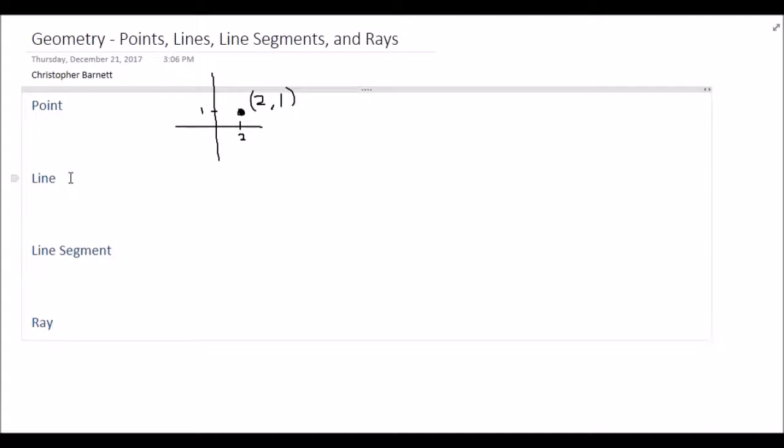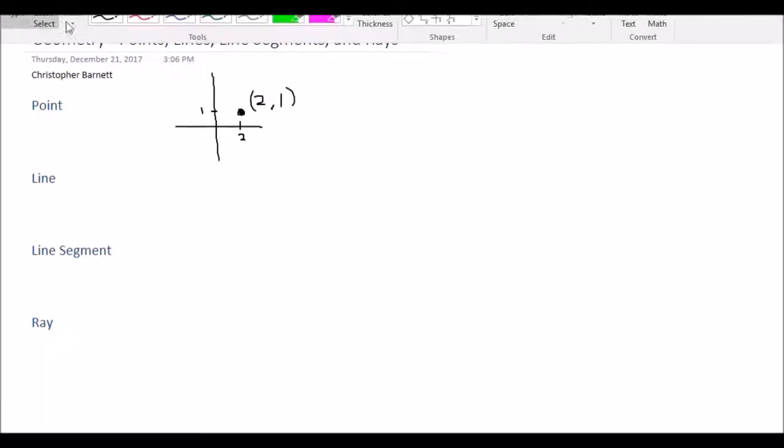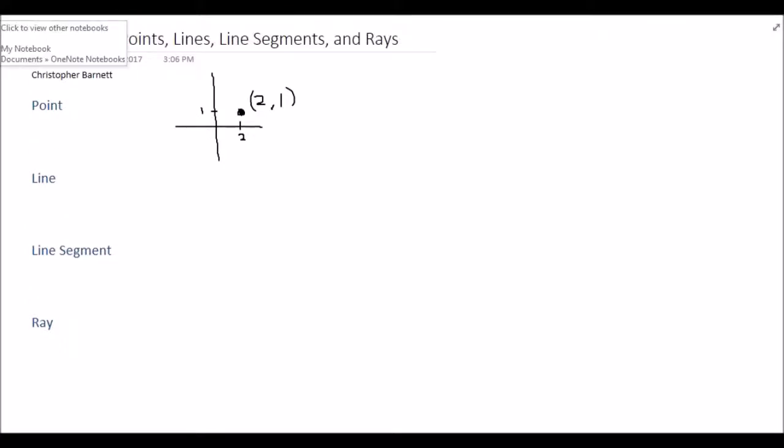And then next we have a thing called a line. Now, just from basic everyday language, we should be pretty familiar with what lines are. Looks something like this, right? Well, yes, and also no. There's a key difference between a line and a line segment, and this right here is actually not helping because this doesn't really show that I have endpoints or that it goes on forever.